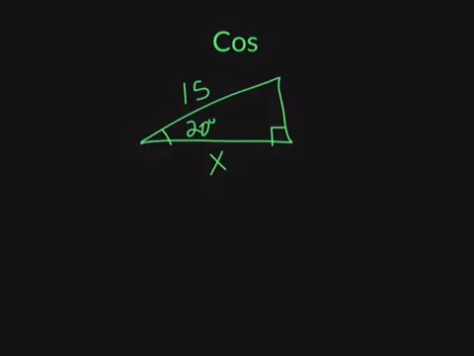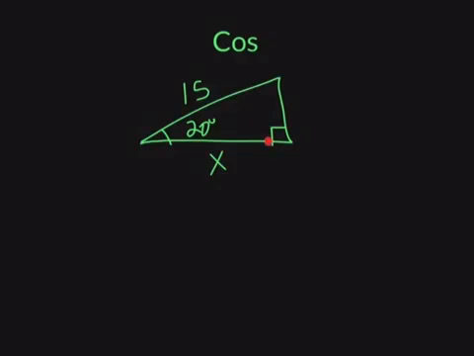Now we will learn about the cosine. In the beginning I said cosine is equal to the adjacent over the hypotenuse. And remember, the adjacent is the line segment that shares a vertex with the angle given. So x over here is our adjacent.